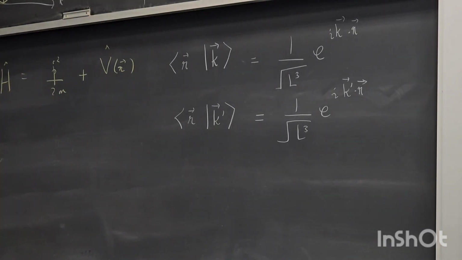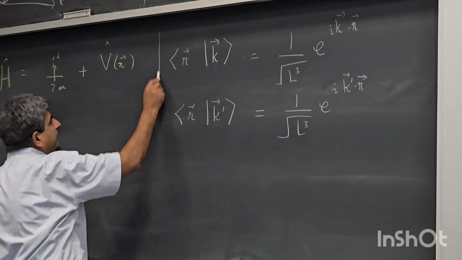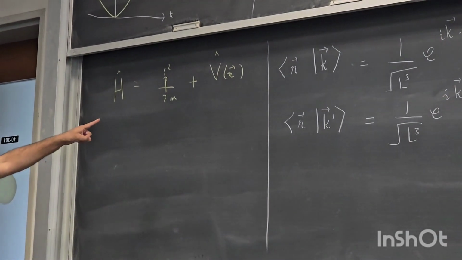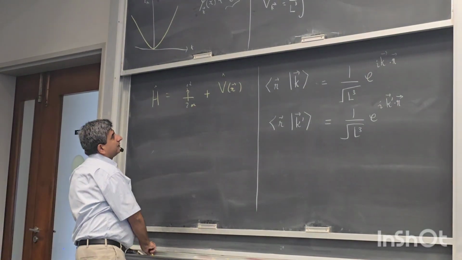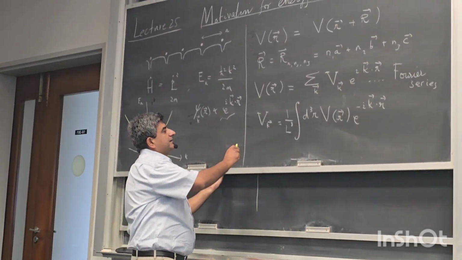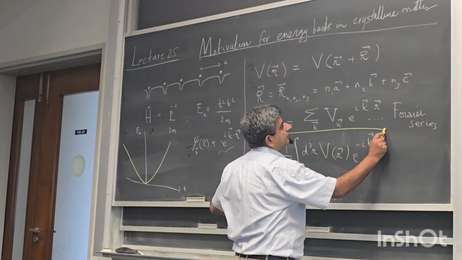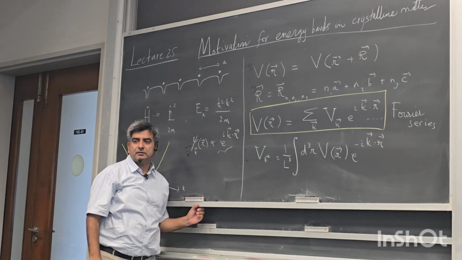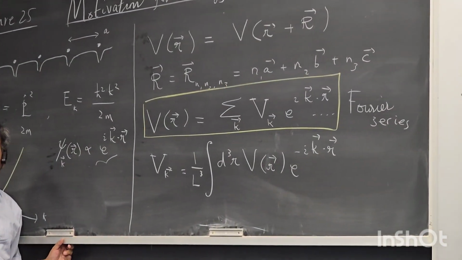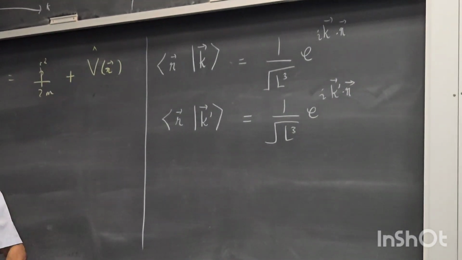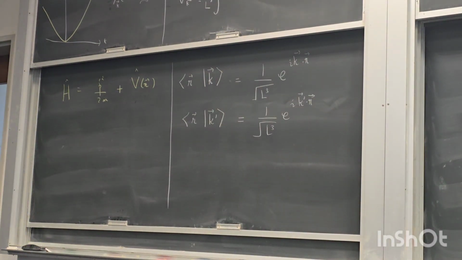Now what I would like to do is solve the Schrodinger equation in the presence of a periodic potential V(r), where V(r) has this property. I would like to see how electrons behave in the presence of periodic potentials.